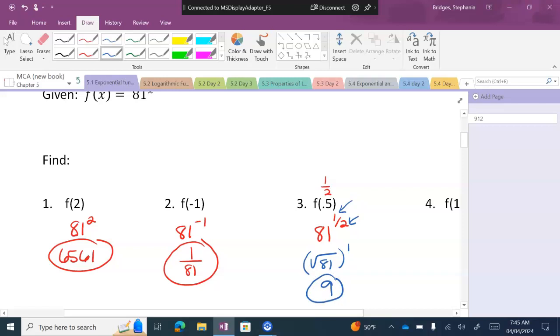Okay, so I want you to try the next one, number 4, but this time your decimal is 1.5, so we need to turn that into a fraction. Think about how to turn 1.5 into a fraction, and then I want you to simplify it.